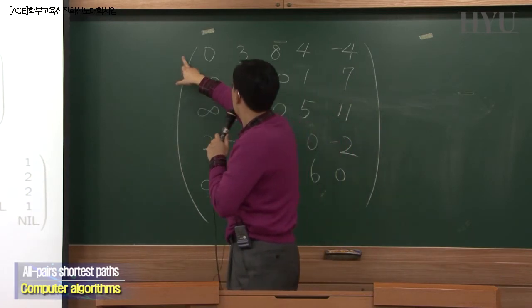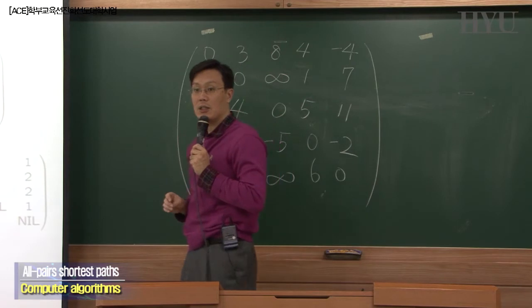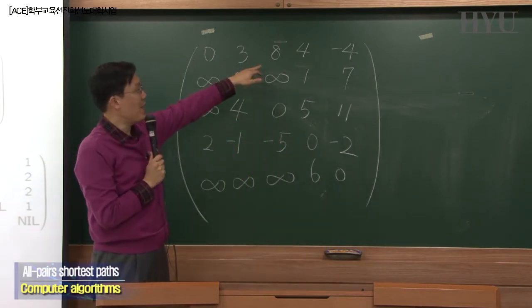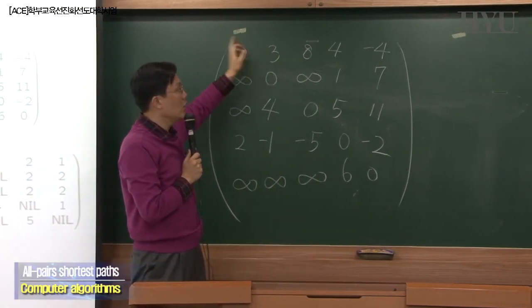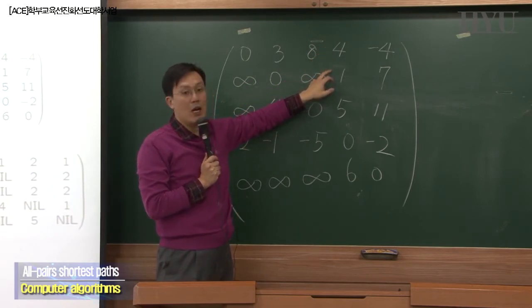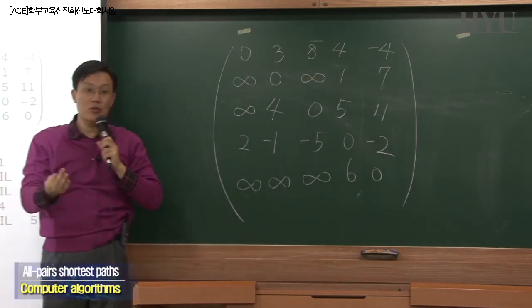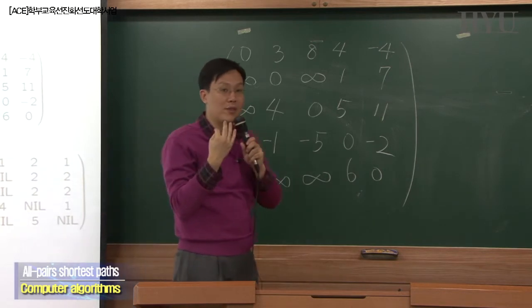Look at this. The entry 1, 3 is 8. It means the shortest path distance from 1 to 3 is 8, and the intermediate vertices can be vertex 1, vertex 2, or vertex 3.